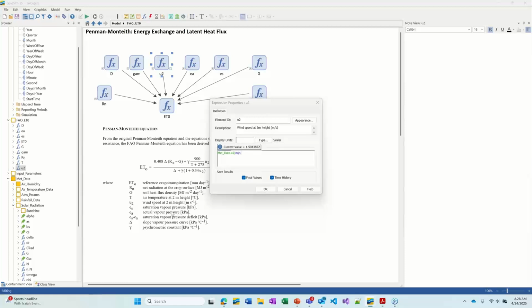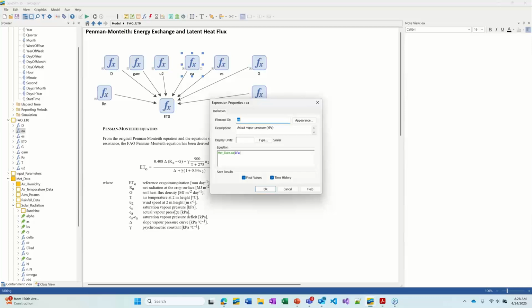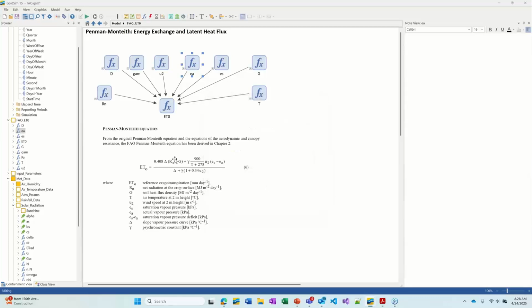So you should see down here where we say U2 for wind speed, notice it says m s^-1. That's the same thing as m over s, meters per second. So I'm making sure that each of these components that I've cast off has the correct unit that it's supposed to be in our equation. Okay, so we essentially do that equation right here in ETo.